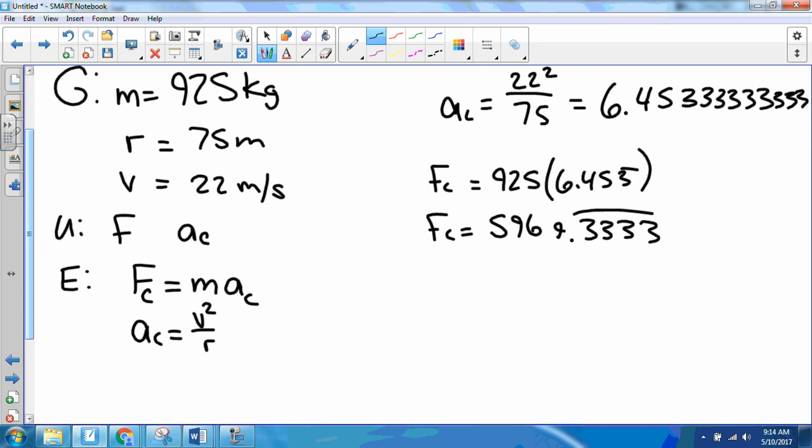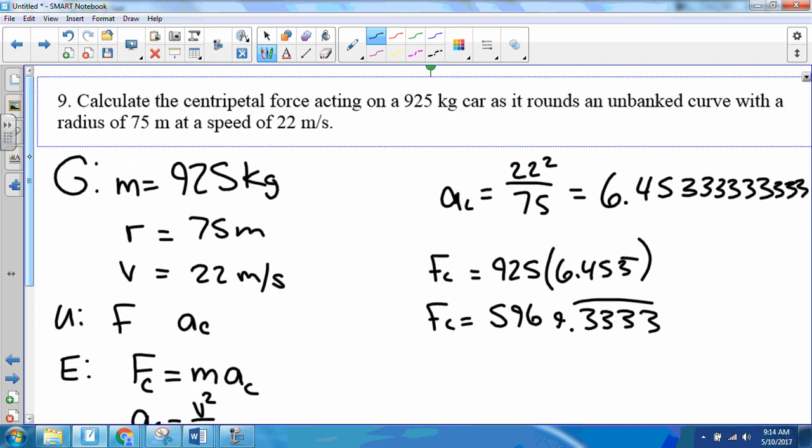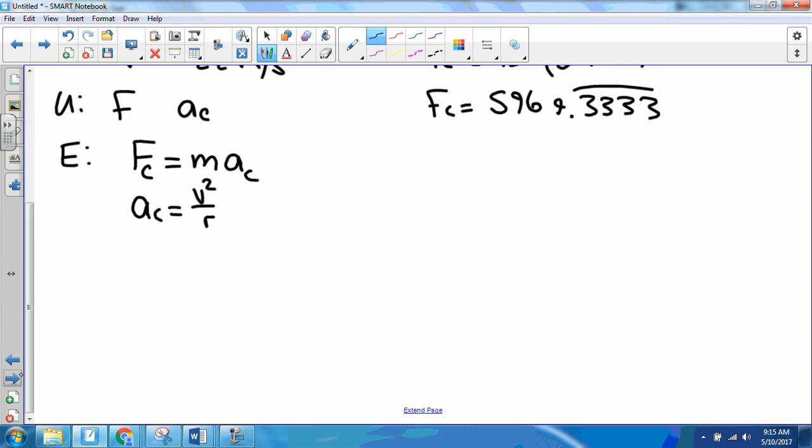Okay, so I go back up to the top. I want to count my sig figs. How many do I have here? 3. How many do I have here? I have 2. And how many do I have here? I have 2. Lowest number of sig figs is 2, so I round to 2 sig figs.